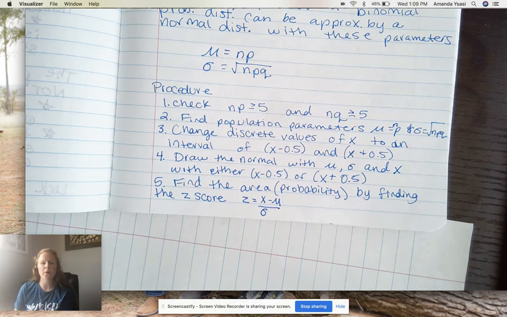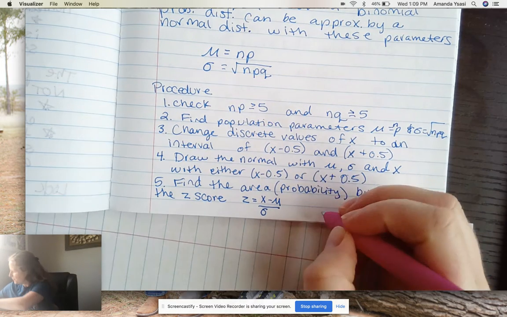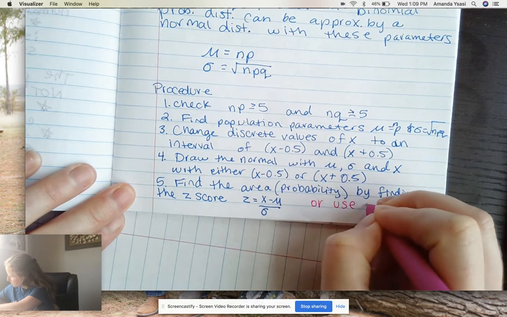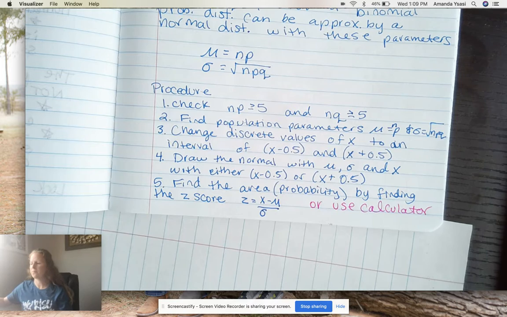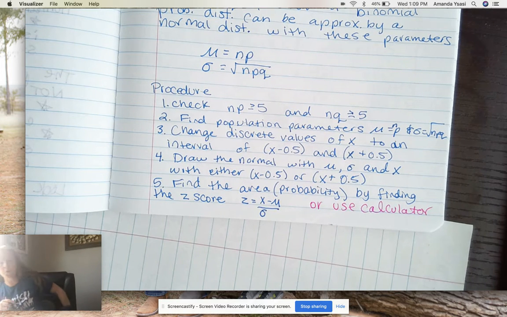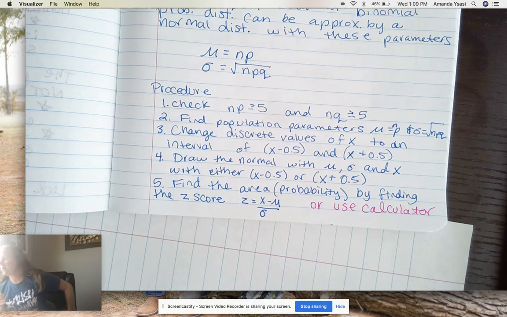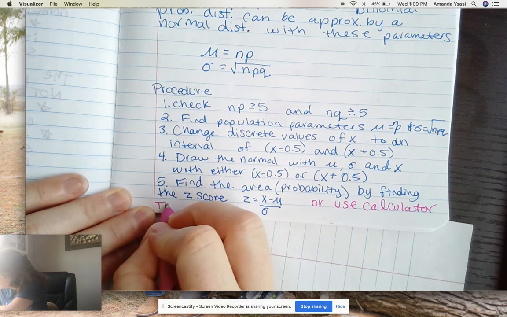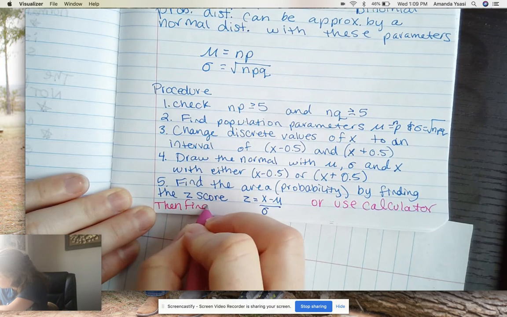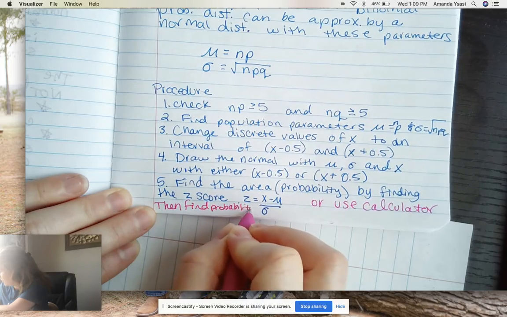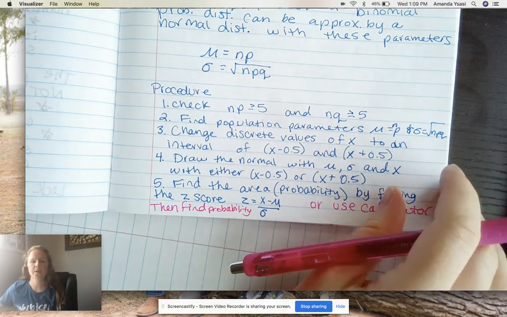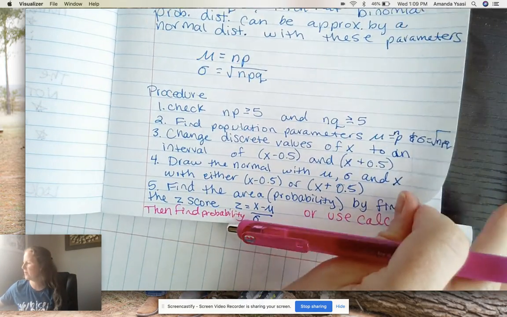Then you'll find the probability by finding your z-score, or you can use the calculator. Do your z-score and then find your area. Then find probability. That's your final step because you're finding the probability.